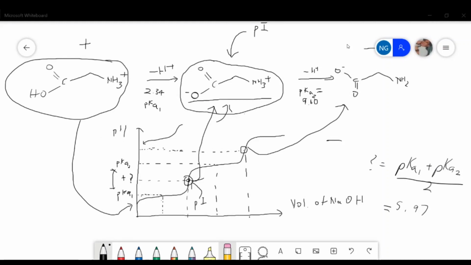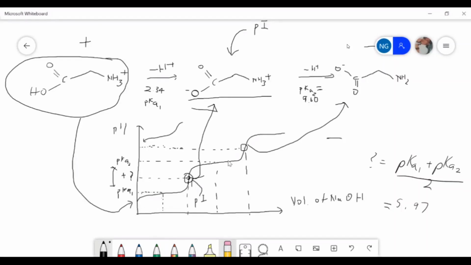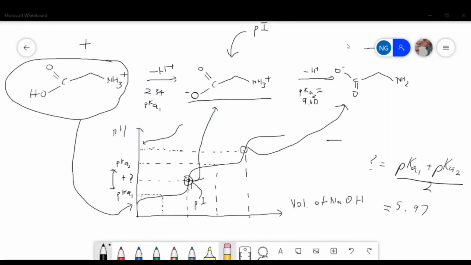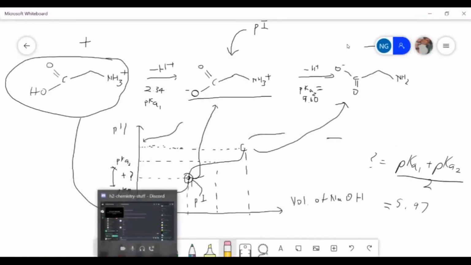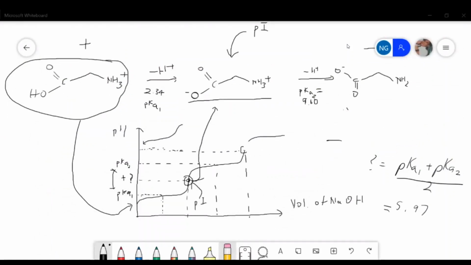Actually, yeah, they should know. They should be inside the thing. Calculate based on salt hydrolysis.